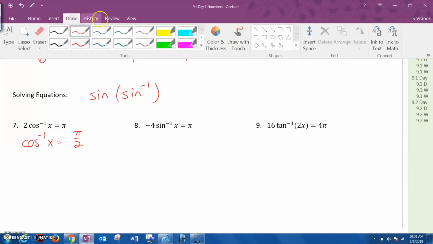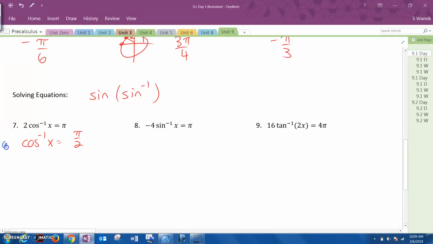To solve this, I'm going to take the cosine of both sides, because the cosine of the cosine inverse leaves me with just x. It's saying what angle gives you a ratio, and once we find the angle, what is the ratio at that angle? It's the same thing that we started with. The cosine of pi over 2, that's a 90-degree angle. Cosine is x, so it should be just 0. So that's how you do the equations.